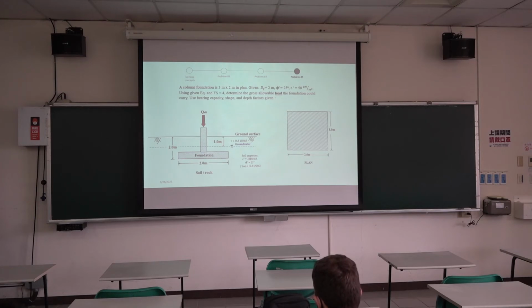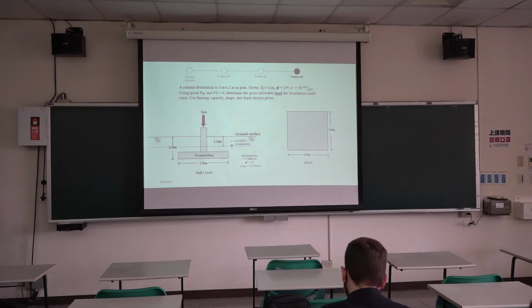First of all, gather the information you have. We have the soil parameters. Because we have soil above the water table and below the water table, the unit weight will be different. Above the water table, that is the normal gamma, the moist unit weight, which is 16.8.